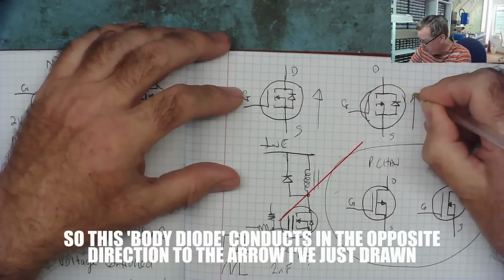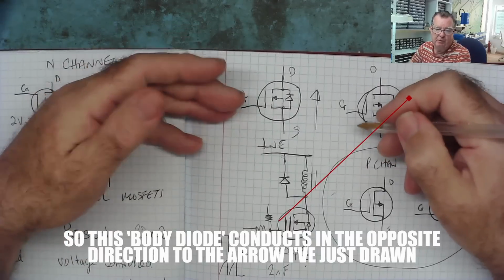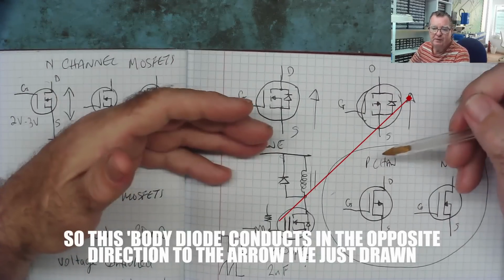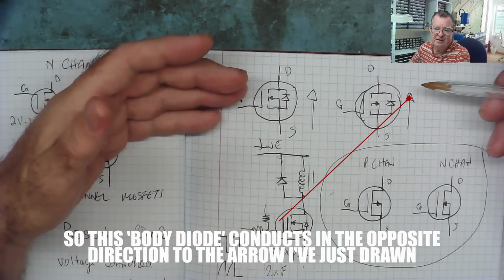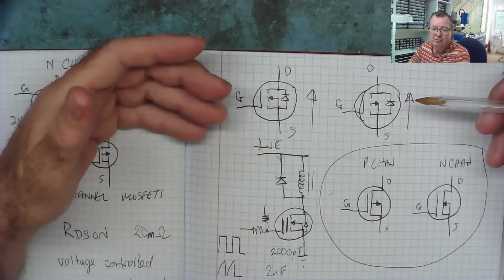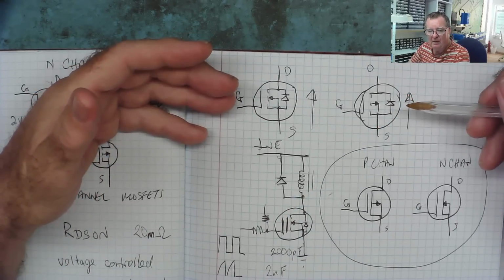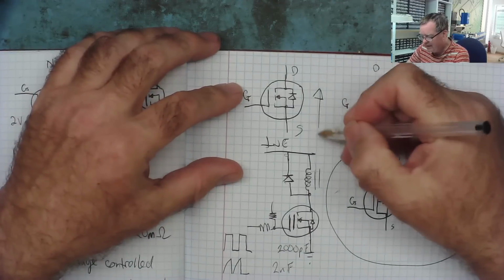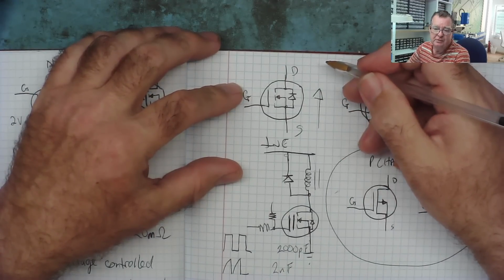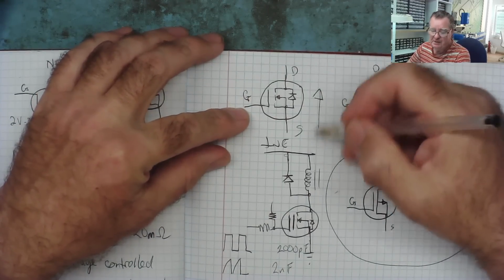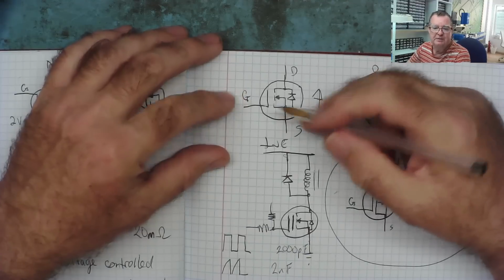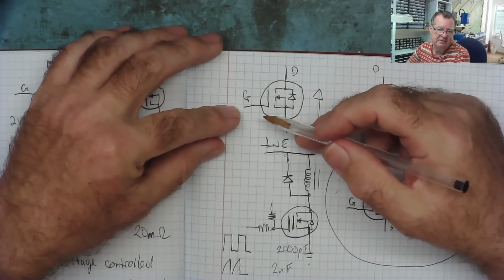And it will conduct regardless if there's any voltage on the gate or not. The MOSFET cannot switch the current off in that direction. So really you need to think of a MOSFET as acting like a diode in one direction when there's nothing on the gate, and like a short circuit in both directions when there is a voltage on the gate.